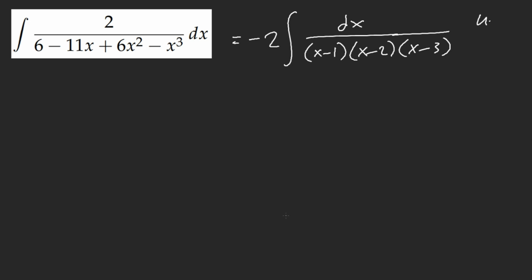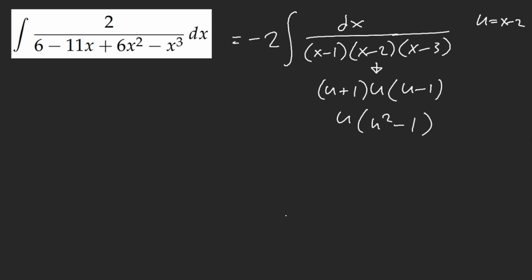I want to let u equal x minus 2. Why would I want to do this? Well, it's because this is now going to become u, and this is going to become u minus 1, and this is going to become u plus 1? Huh. Would this help me?